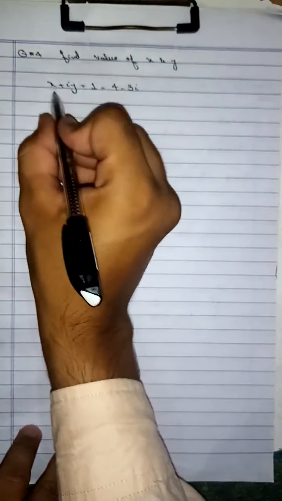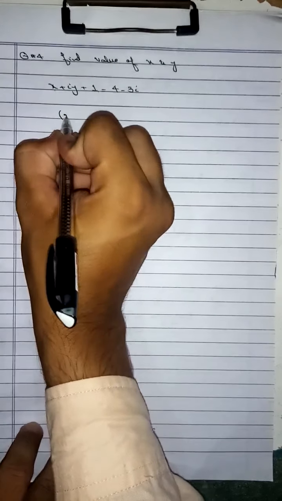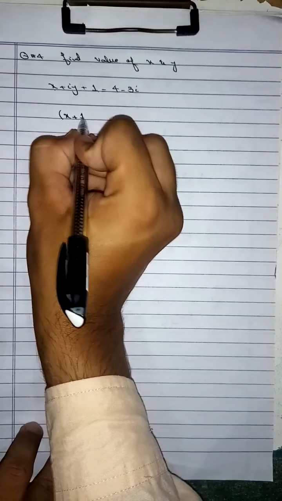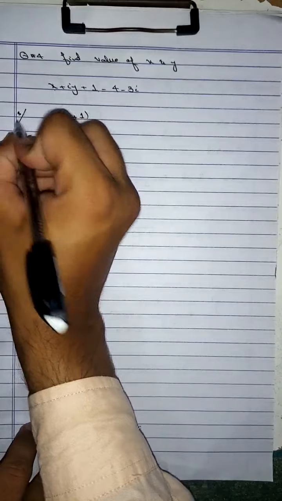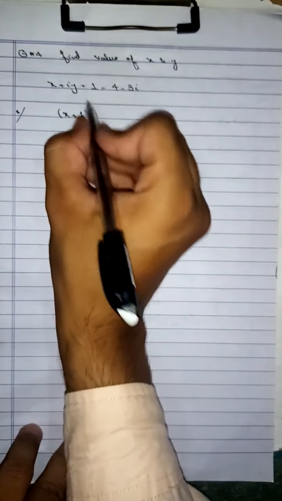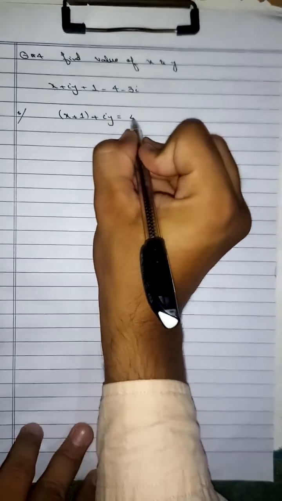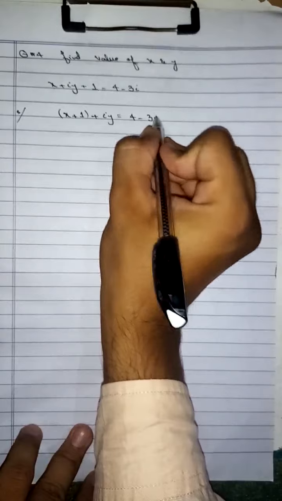Okay students, let's equate its real and imaginary parts. x and 1 are the real parts, so I am writing them in a bracket. As there is addition, I can write (x plus 1) in the bracket plus iota y is equal to 4 minus 3 iota.